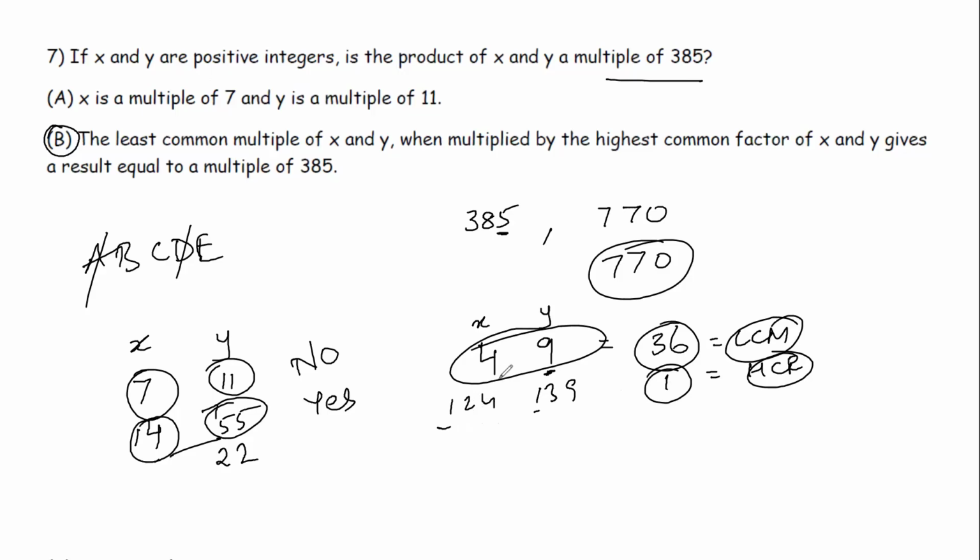So the property is such that the product of two numbers, I'll write it down in text form.